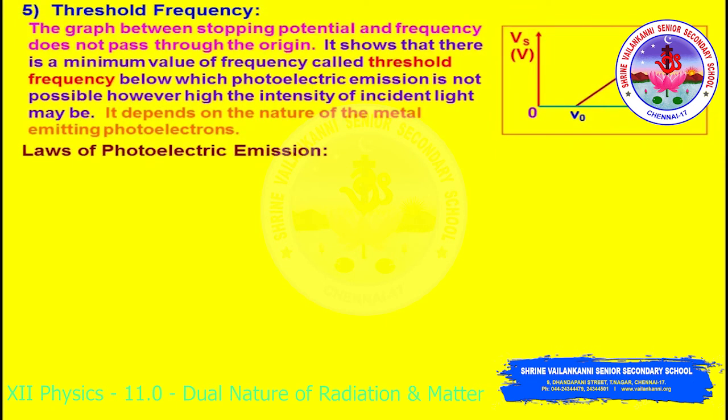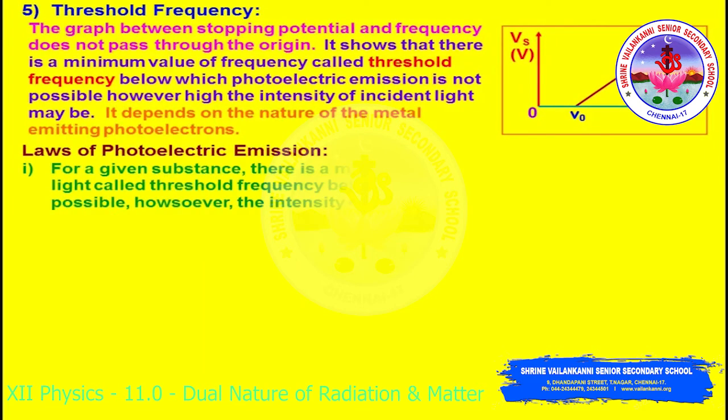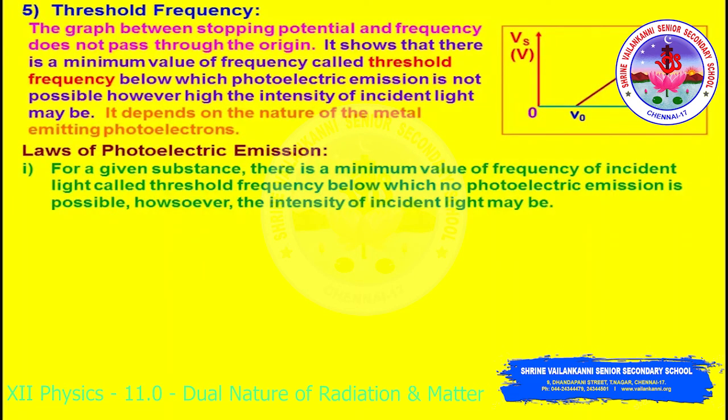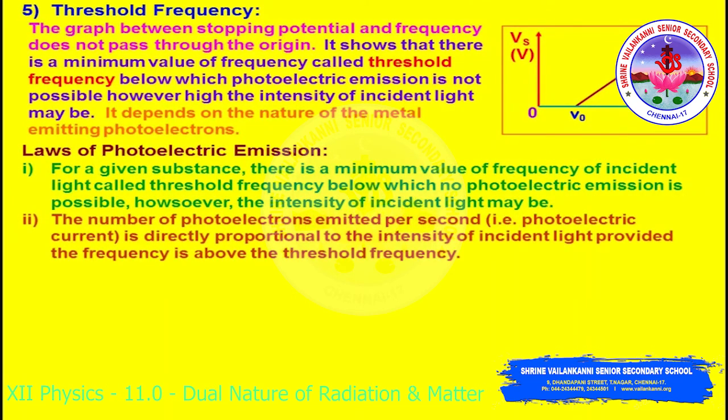So the next one, you must know the laws of photoelectric emission. How does it state the laws? On the basis of the experimental results on the photoelectric effect, for a given photosensitive material there is a minimum value of frequency of incident light, called the threshold frequency, below which no photoelectric emission is possible, however the intensity of light may be.